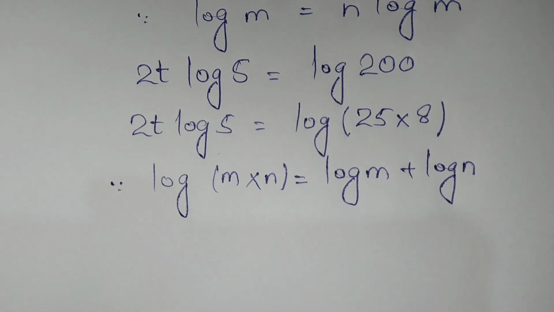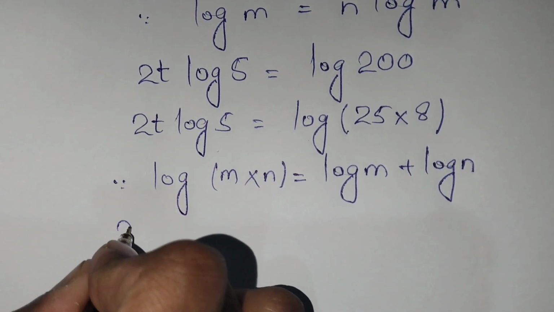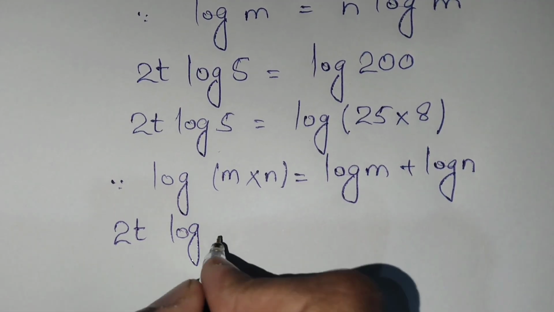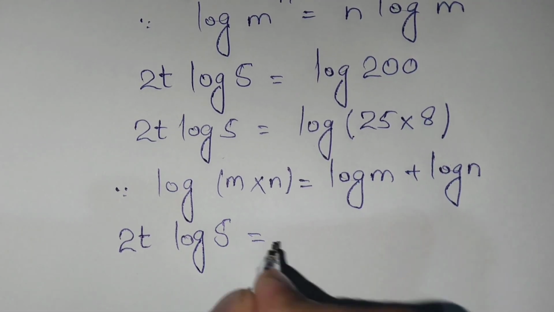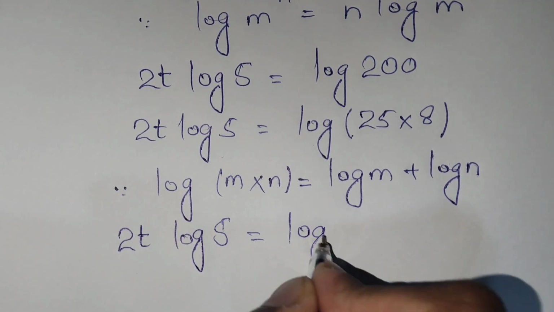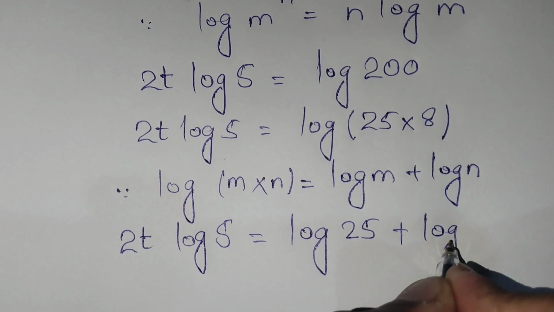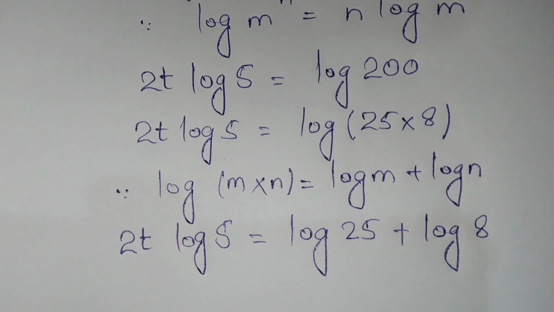So the equation now becomes 2t log of 5 equal to log of 25 plus log of 8.